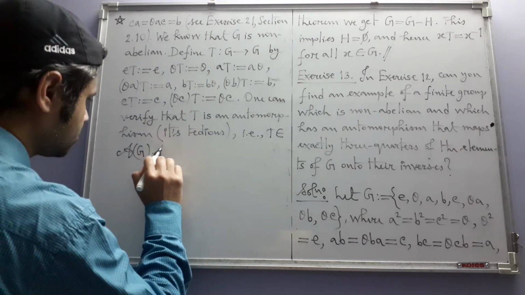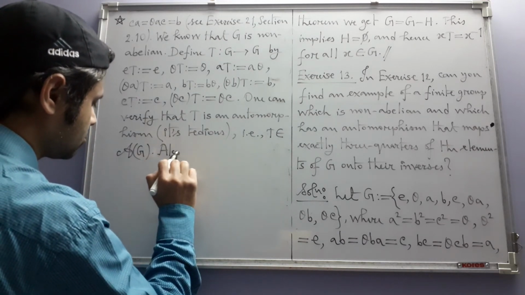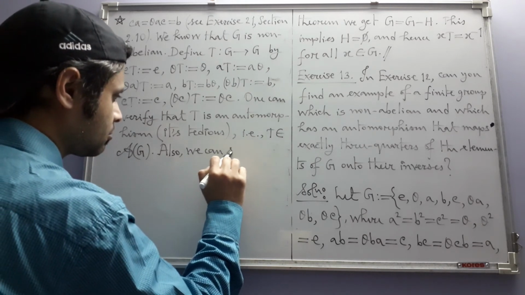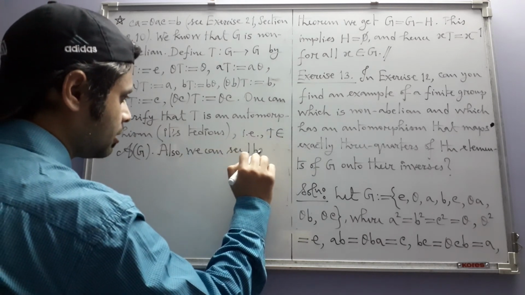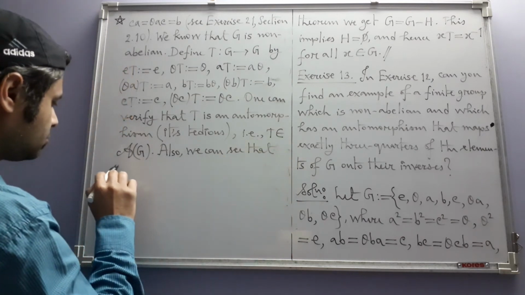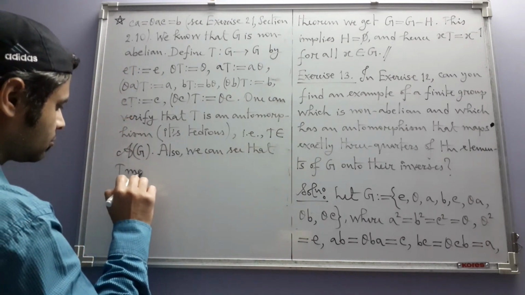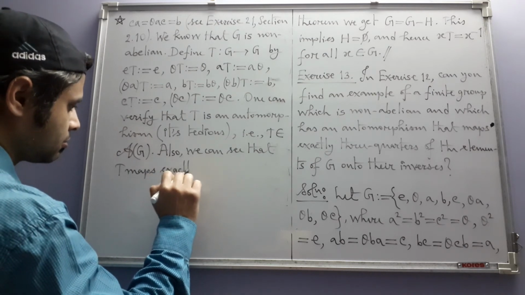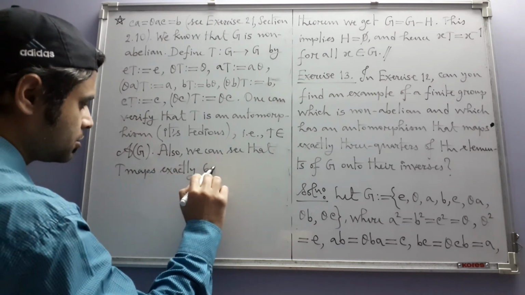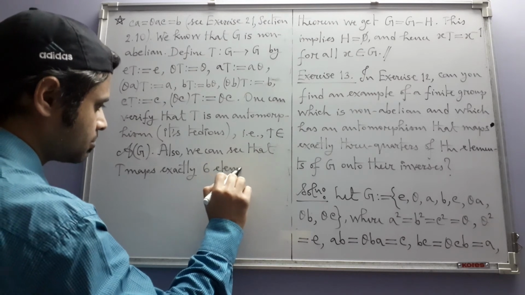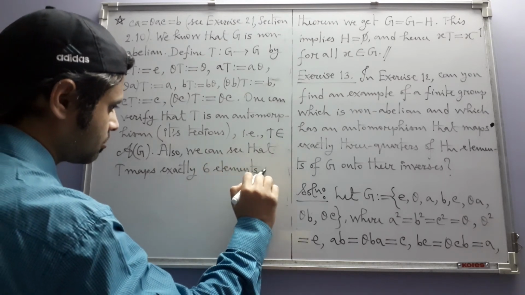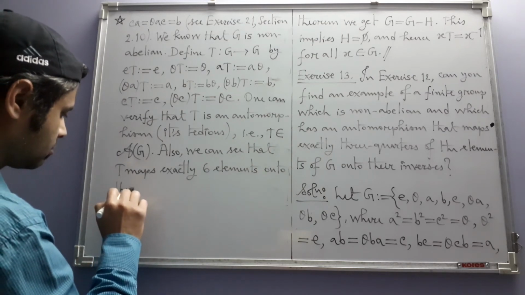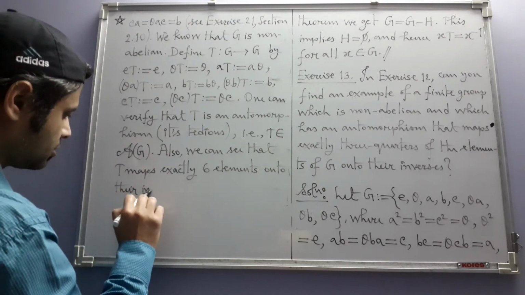Also, we can see that T maps exactly 6 elements onto their inverses.